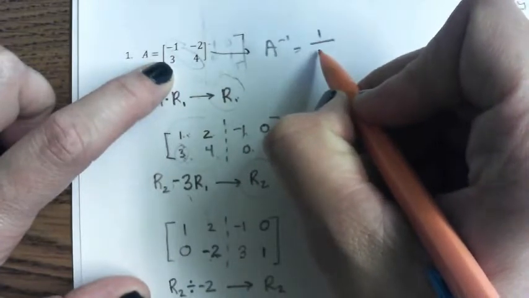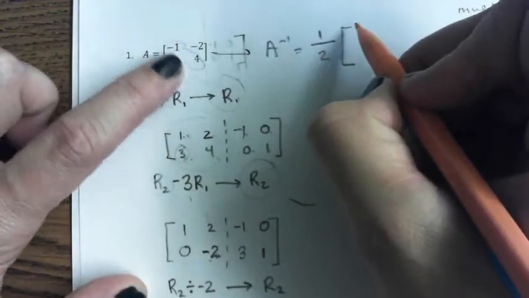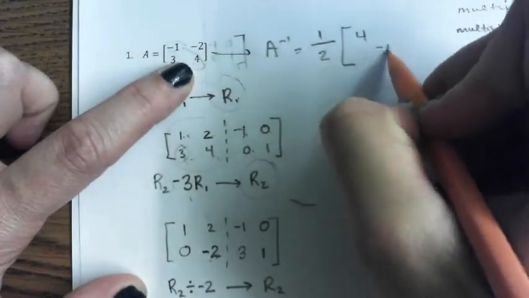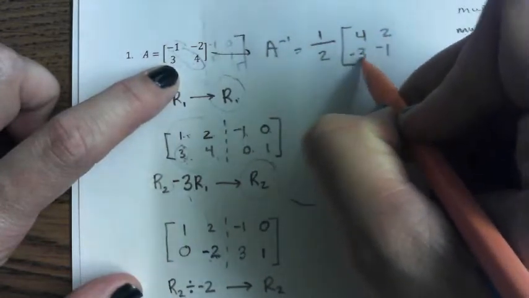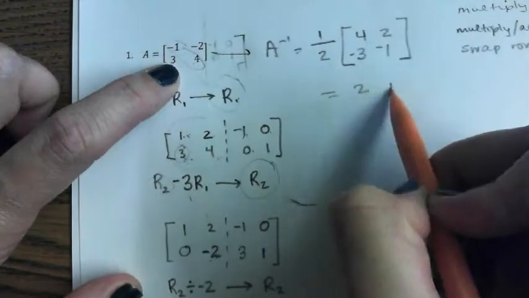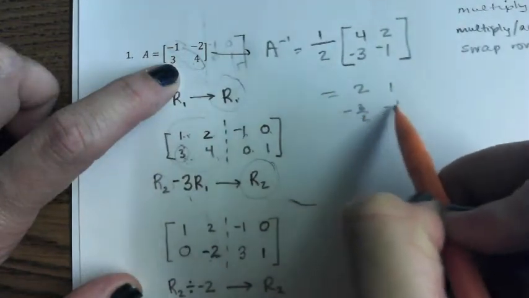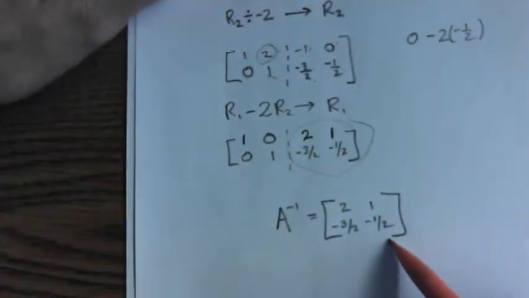Negative 4 plus 6 is 2. And then we flip-flop stuff. So negative 1 and 4 switch, and negative 2, 3 get negated. And then when you distribute that 1/2, you get 2, 1, negative 3/2, negative 1/2. And that's what we got. Okay?